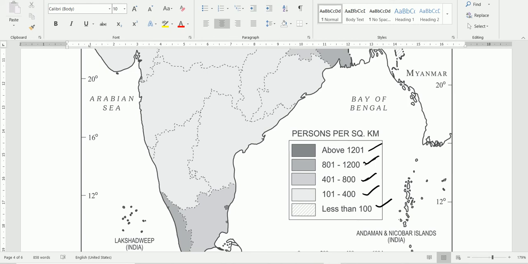The 101 is inclusive. And accordingly we have to identify the states. So which are the states coming under the category less than 100?